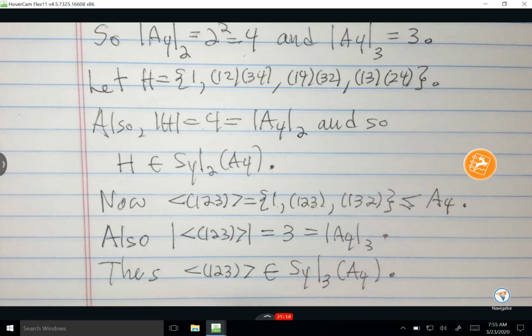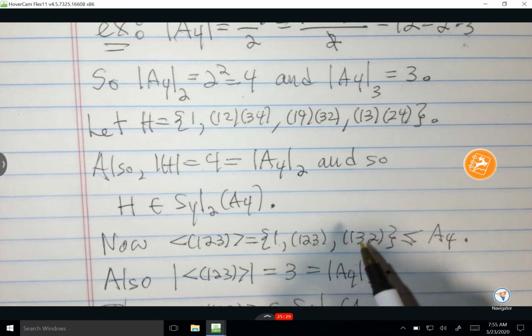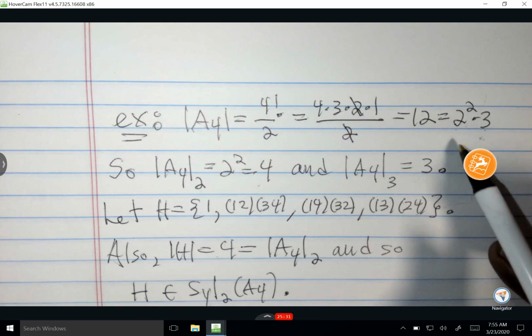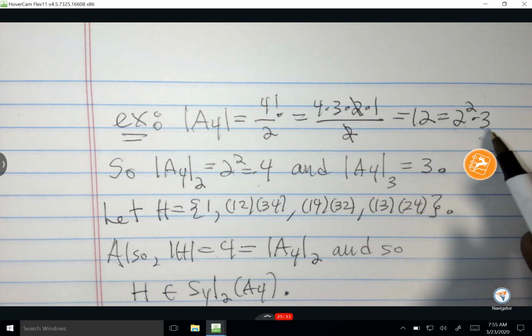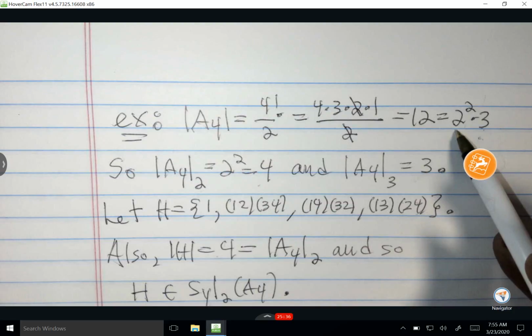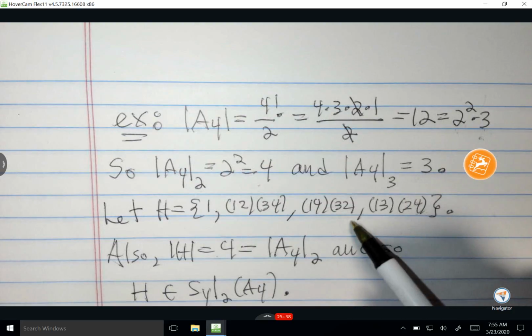Well, let's see. So far it seems like these groups always have Sylow P subgroups. Let's go back up to the top and look at the order of A4. Follow the pen. Here's the order of A4. We found a Sylow 2 subgroup, and we found this H right here.